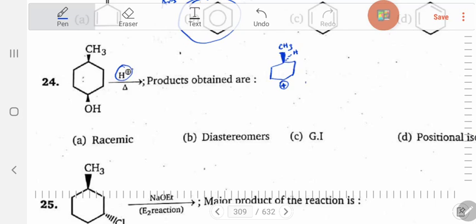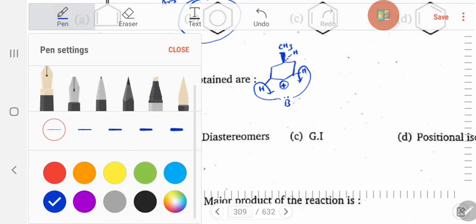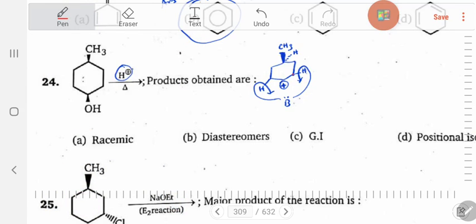Now the neutral base can abstract hydrogen from this position as well as from this position, because both are beta. So this is beta hydrogen as well as this one also beta hydrogen.